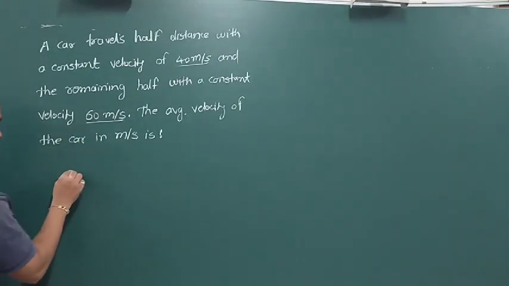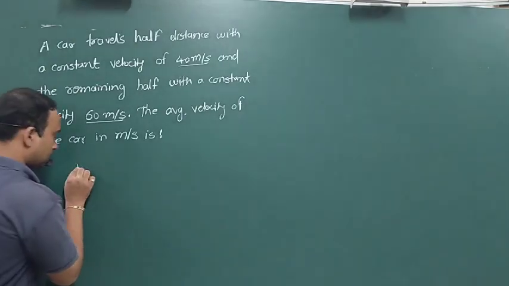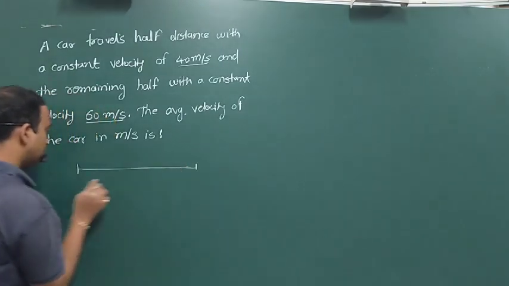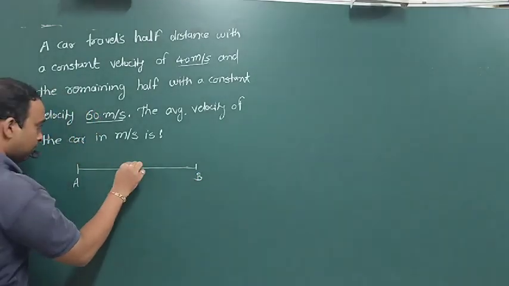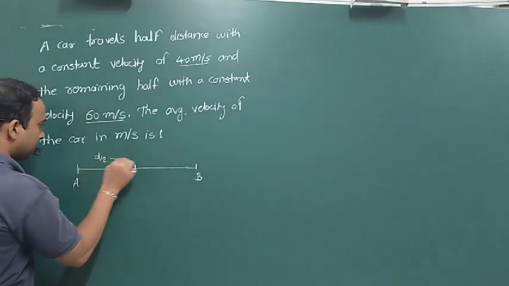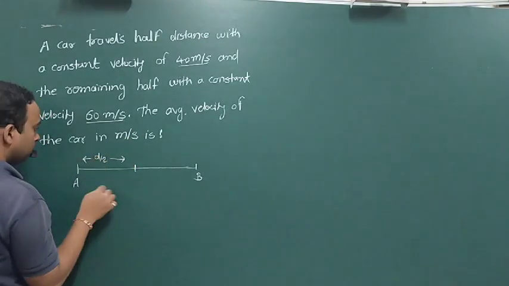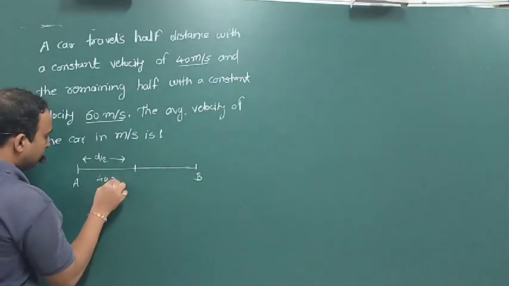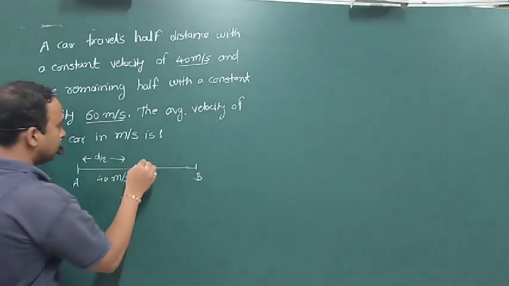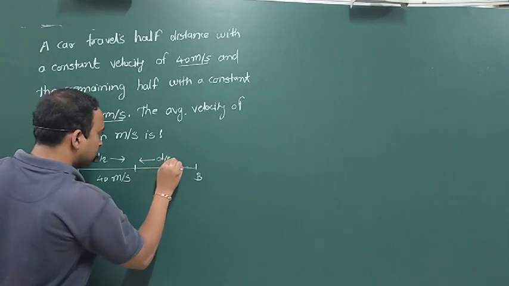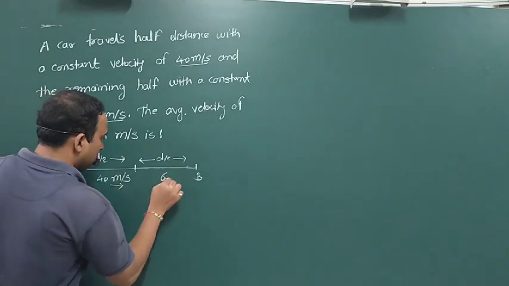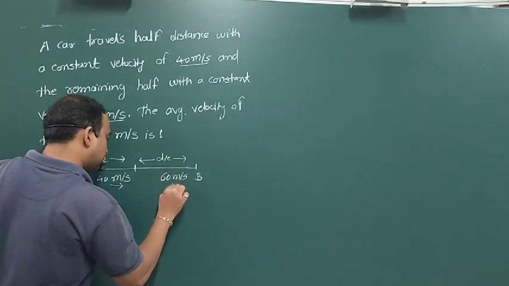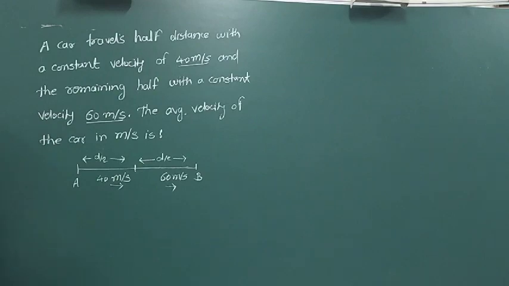Now see here, suppose a car is moving from A to B. Okay, it covers half distance, that means d by 2, with velocity 40 meter per second, and the remaining half distance d by 2 it covers with velocity 60 meter per second. Okay, then find the average velocity of that car.